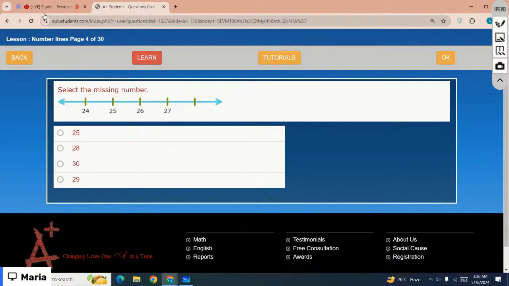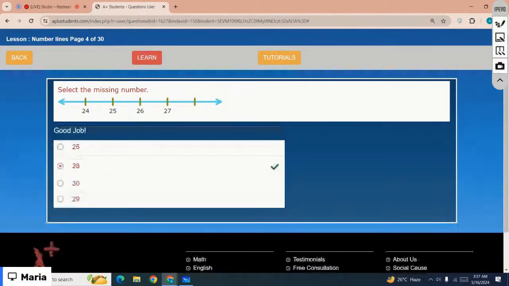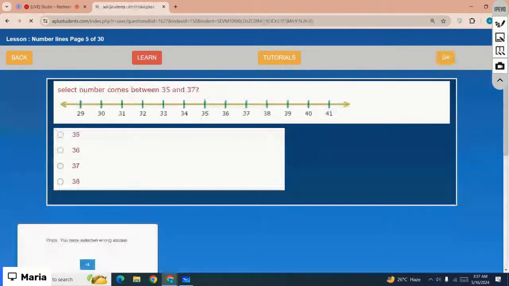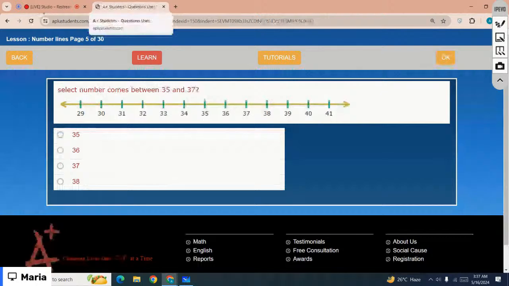The correct option is 28. Select the number that comes between 35 and 37.